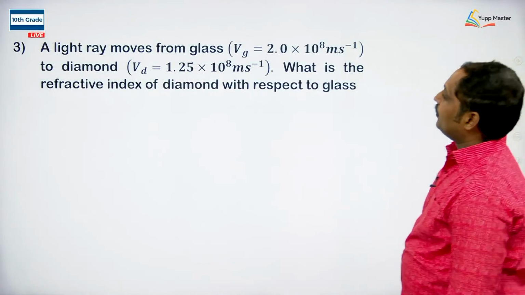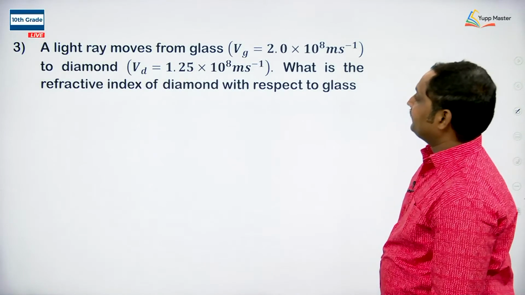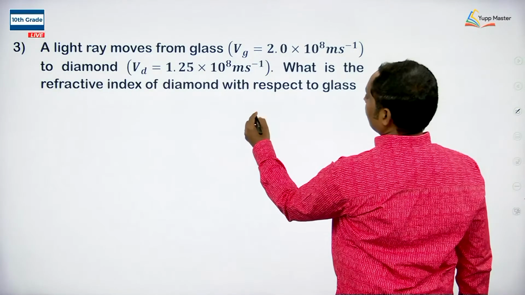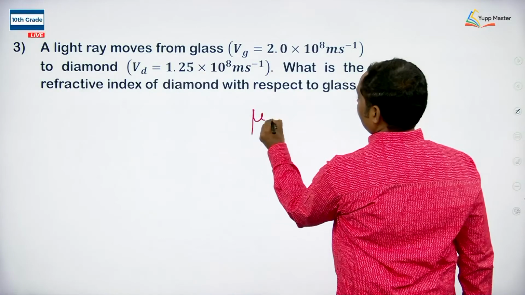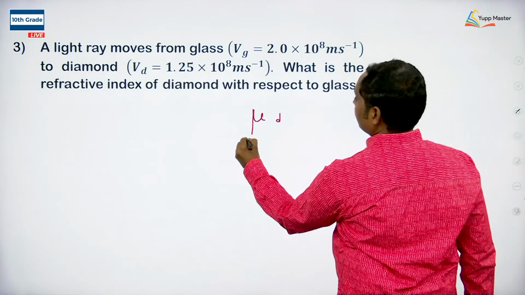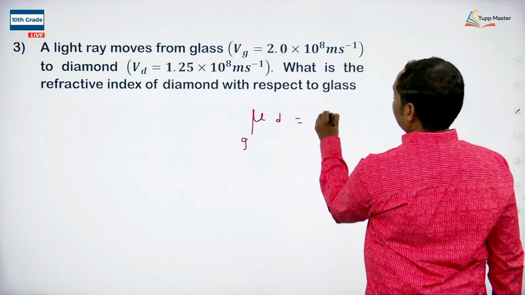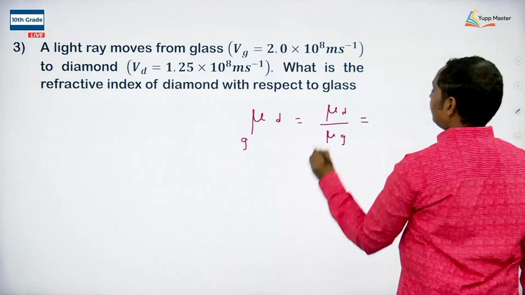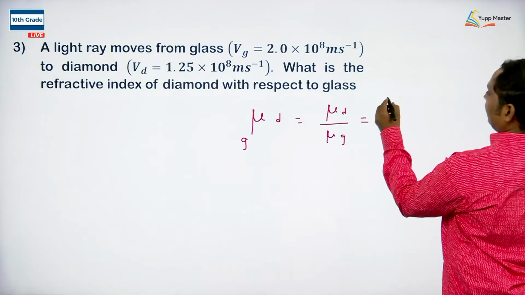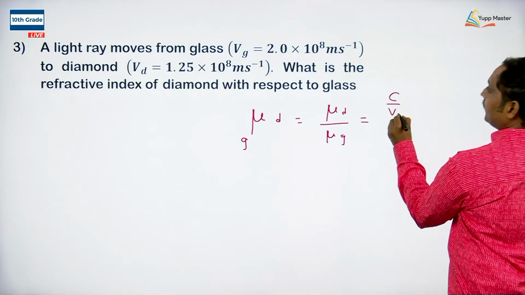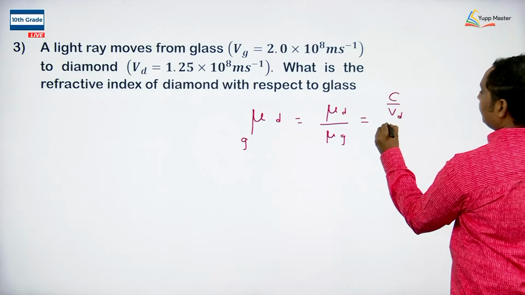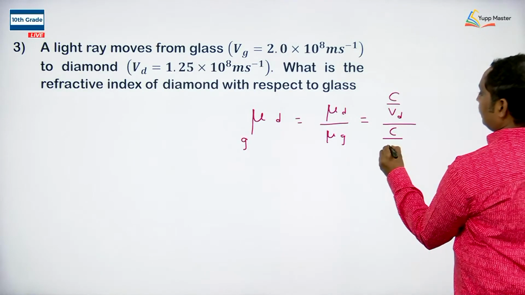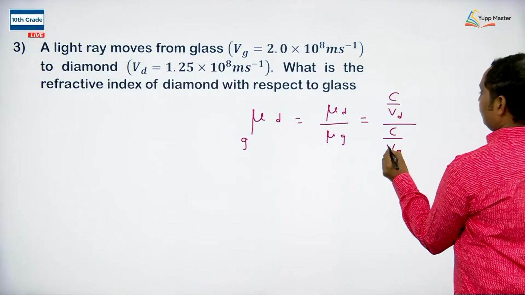Yeah, a light ray moves from glass to diamond. What is the refractive index of diamond? Simply, you have to find mu diamond with respect to glass. The refractive index of diamond is mu d by mu g. So, it is C by V d divided by C by V g.